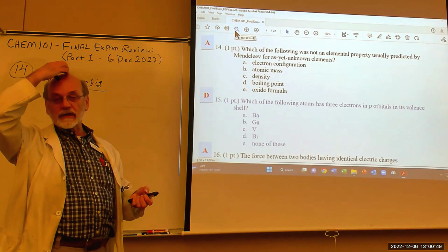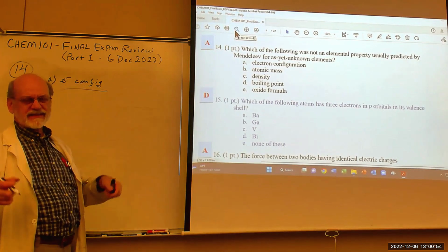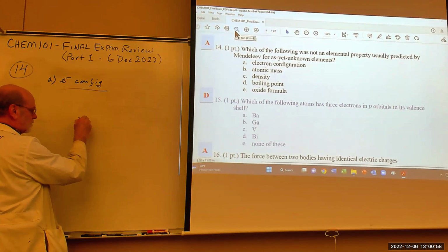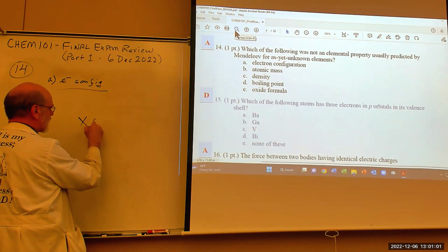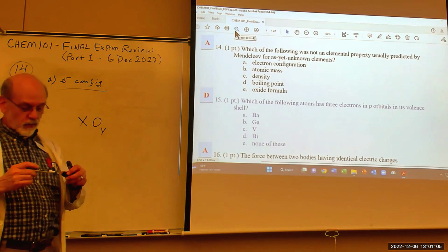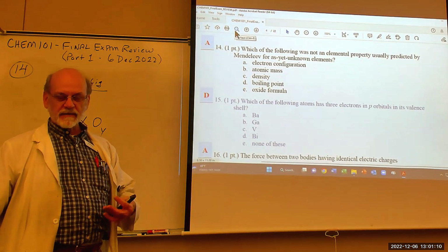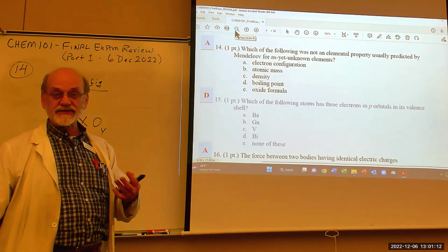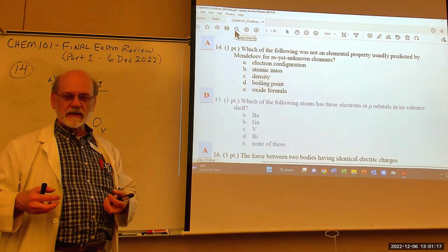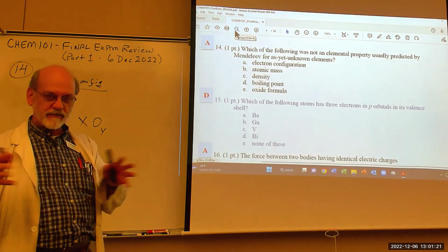And oxide formula. Oxide formula was something that we didn't discuss in great detail in class, but anything that's combined with an oxide, and you'll have so many of them, that's the way many elements were isolated. They were essentially combusted in oxygen, and that separated them into different compounds that could be easily divided from one another.